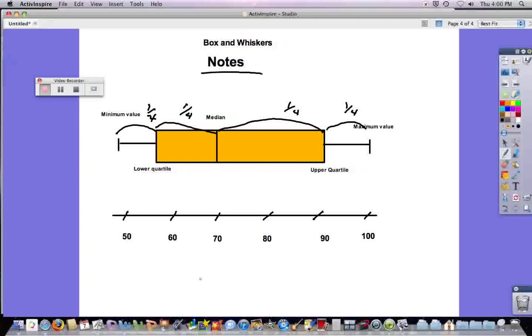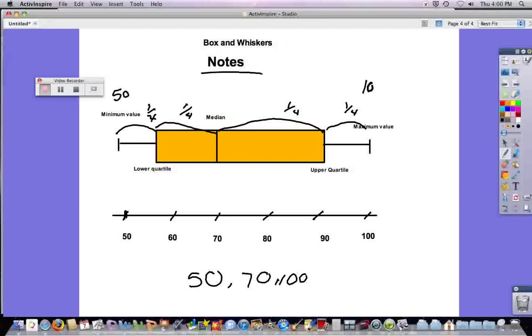So here's my set of data. I'm going to choose very easy numbers. So assume I had a set of data that was like this: 50, 70, and 100. So what I would do is I'd plot my minimum value, which was 50. It'd go right here, above here. There's 50. I'd plot my maximum value, which is 100.